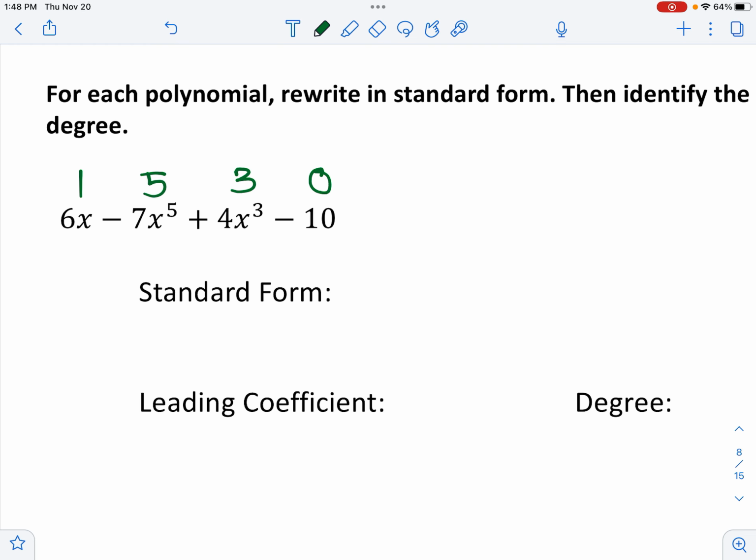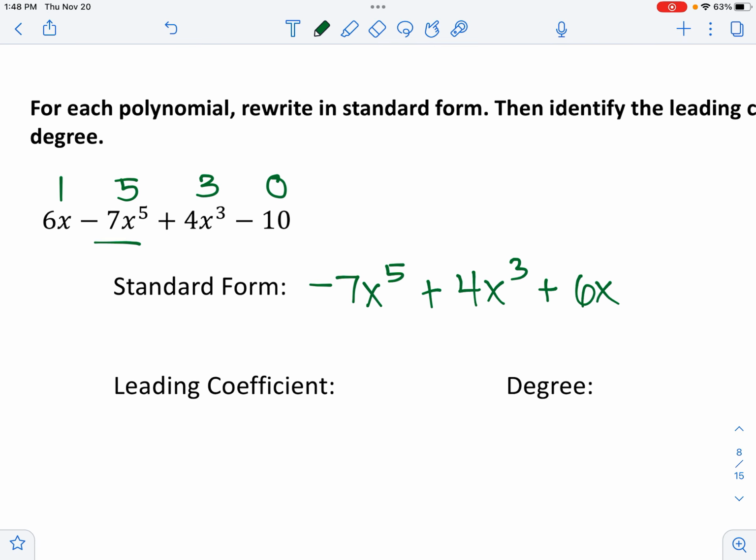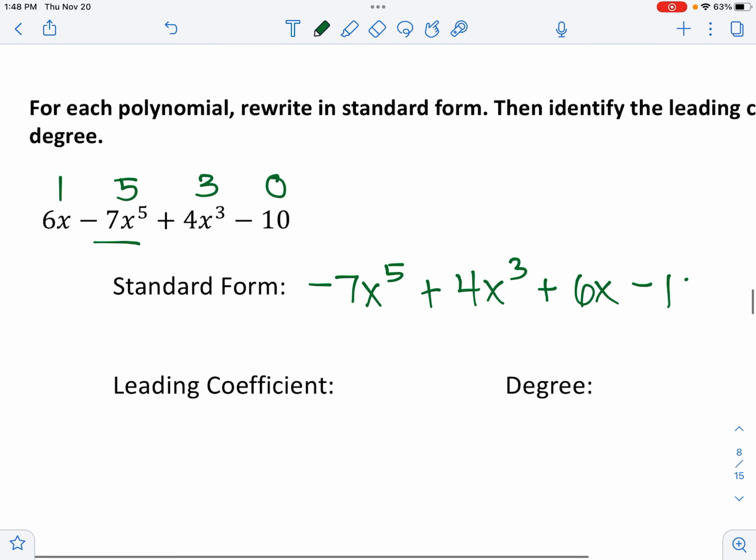So this one, the biggest one, would be negative 7x to the 5th. So that's going to be my first term. Then plus 4x to the 3rd. And then plus 6x. And then minus 10. So I just work my way down. In this case, I'd be 5, 3, 1, 0.